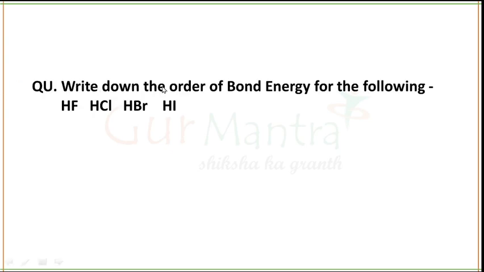Now the question is, write down the order of bond energy for the following. You have seen this order in the previous slide. Here I would suggest you pause your video and do it quickly.